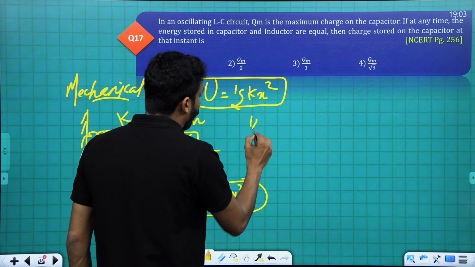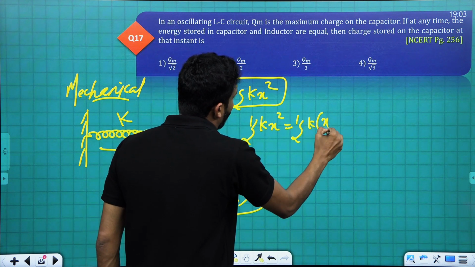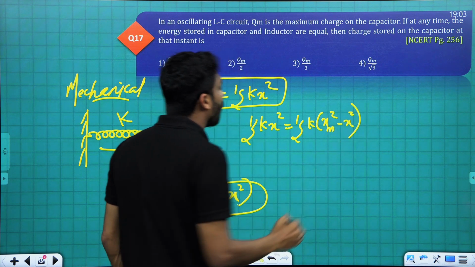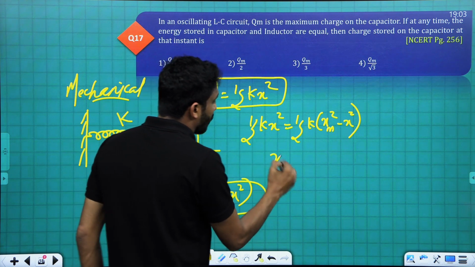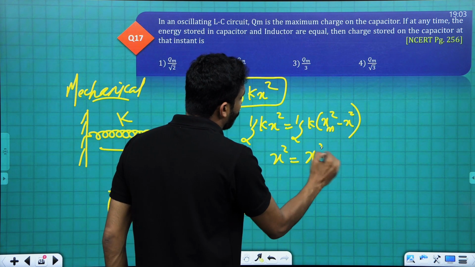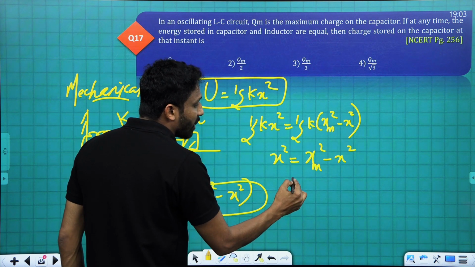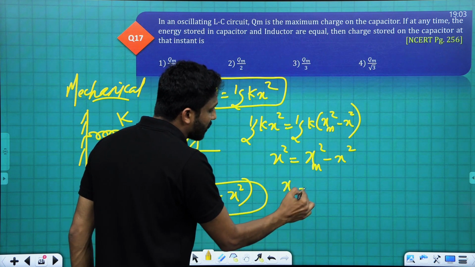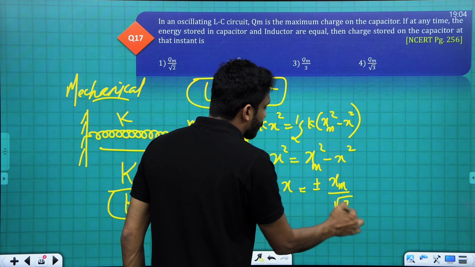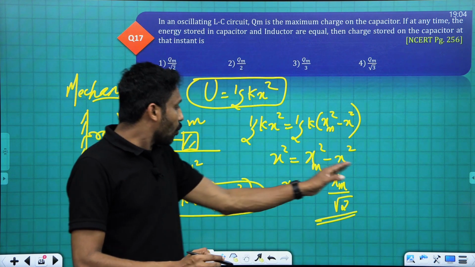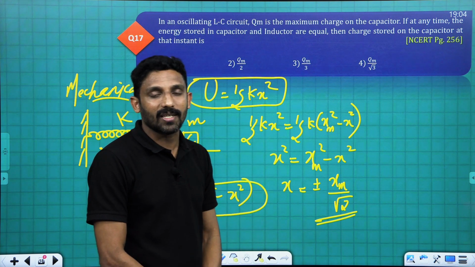Half K is cancelled, which means x square is equal to xm square minus x square, which means 2x square is xm square, then x square is xm square by 2, or x is equal to plus or minus xm by root 2.